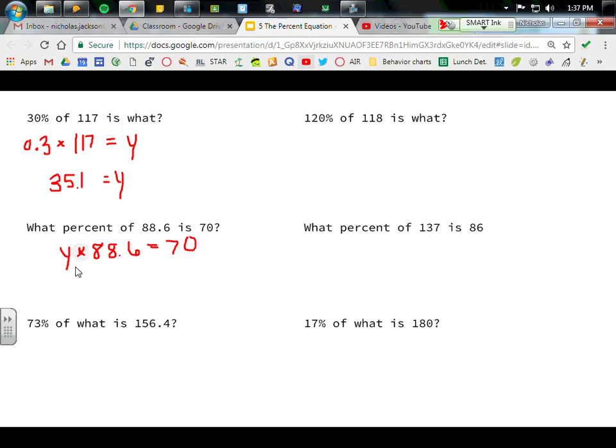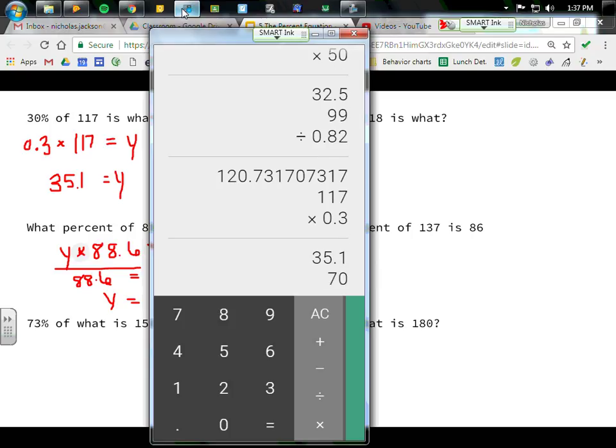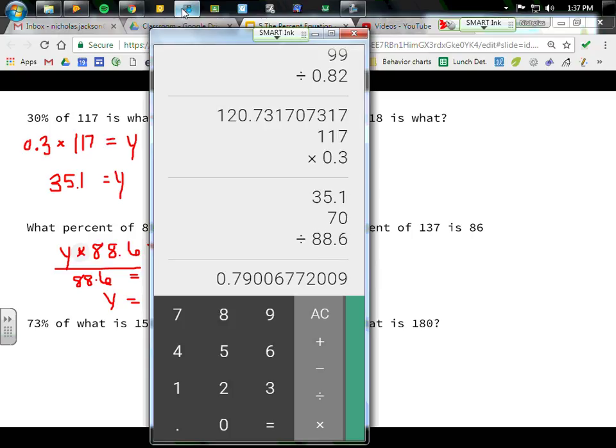So to solve for this, we're going to divide by 88.6. So y is going to be, if we do this division here, we're going to get this decimal, 79 hundredths.